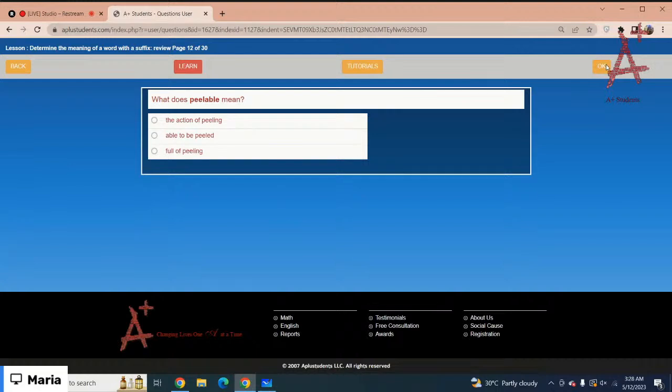What does peelable mean? It would be able to be peeled. Peelable means able to be peeled. The second option is the correct one.